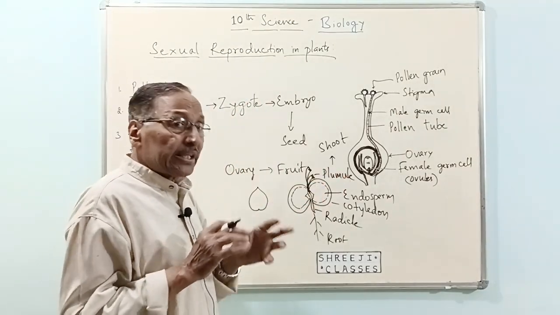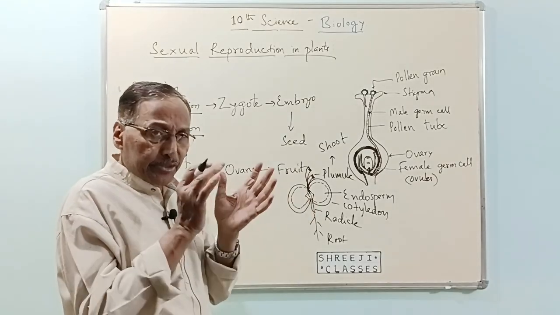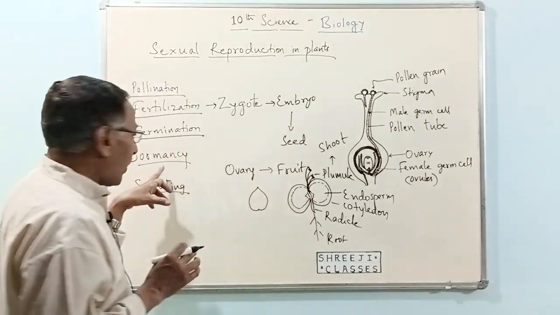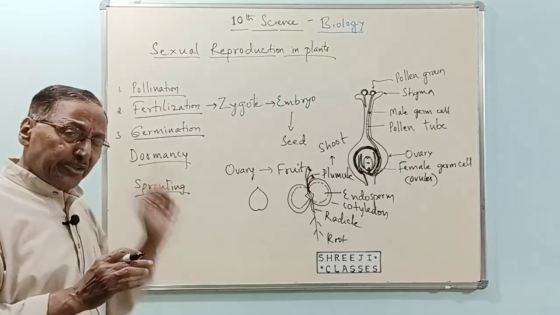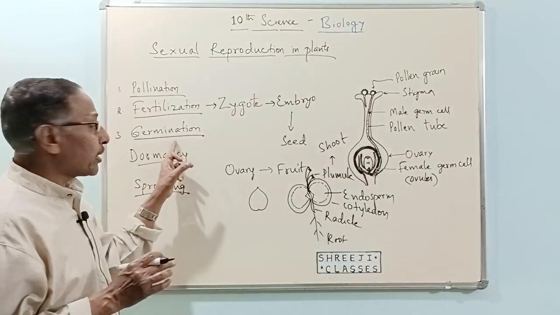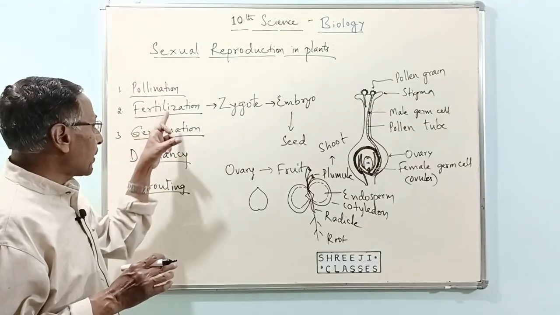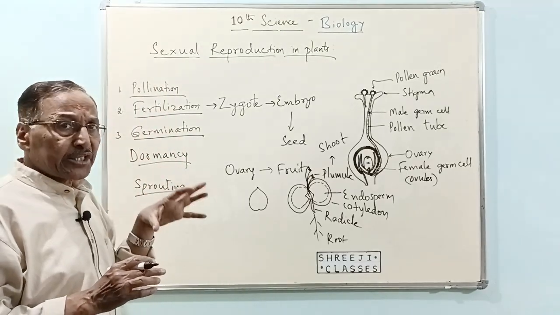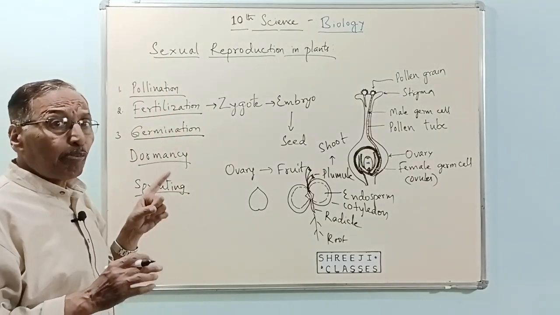This seed develops a hard coating, that is the seed coat, and remains dormant for some time. Once it gets a favorable condition, it starts growing into a new plant, which we call germination. Pollination, fertilization and germination: three stages in the sexual reproduction of plants.